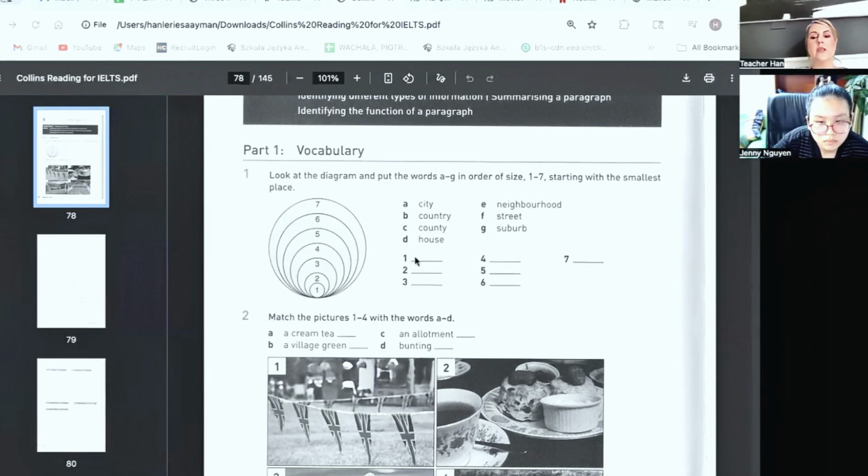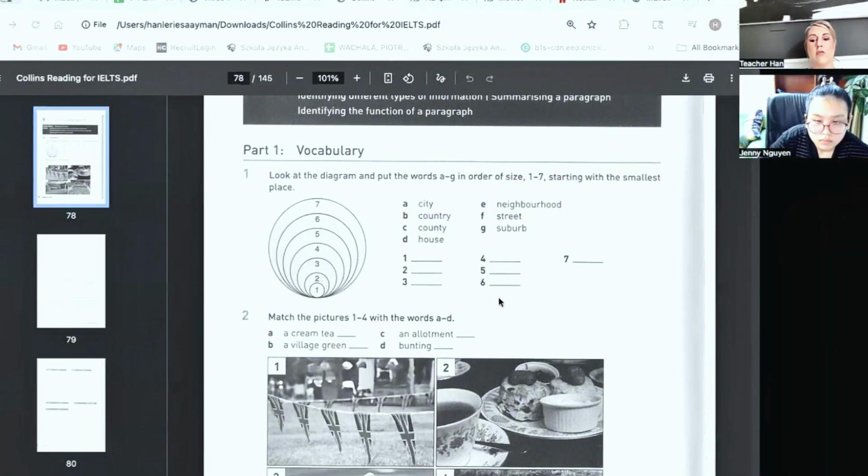Okay, so we're starting with the smallest. Which one is the smallest? Number 1. The house. Yes, well done. Number 2, the street. Perfect. Number 3, the neighborhood, because a neighborhood is smaller than a suburb. Okay.